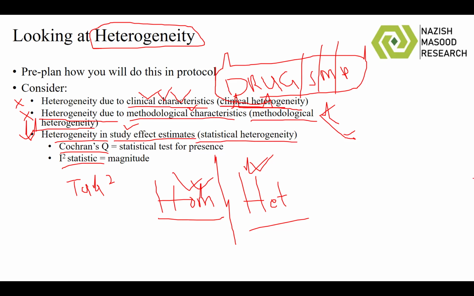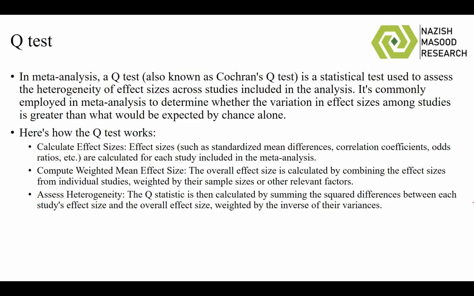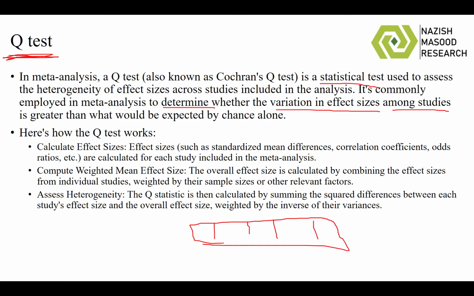With that being said, the first measure of heterogeneity of effect sizes is the Cochrane Q, the Q test. The Cochrane Q is basically a statistical test. So, what does it do? It determines whether the variation in the effect size among the studies, say if there are 4 studies, and we'll discuss what effect sizes are so you don't have to worry about that, is because of chance or because of heterogeneity.